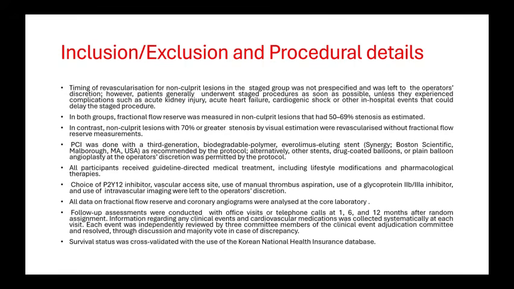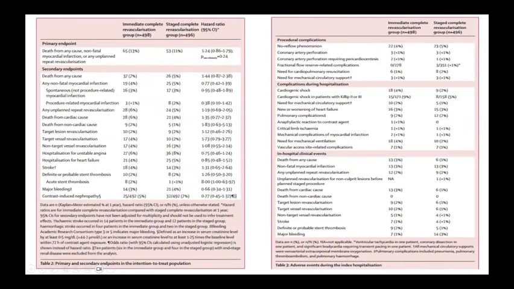I want to show you that this was like a real-life trial. Even the use of glycoprotein 2B3A, the use of thrombus aspiration, everything was allowed according to the operator's discretion. And the follow-up was done up to 12 months as we showed.